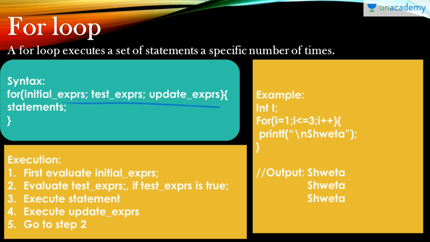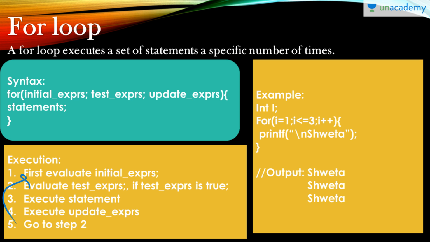What are the steps to execute this for loop? First, evaluate the initial expression. Then evaluate the test expression. If the test expression is true, then execute the statement. Then execute the update expression, then go to step 2, meaning evaluate the test expression.